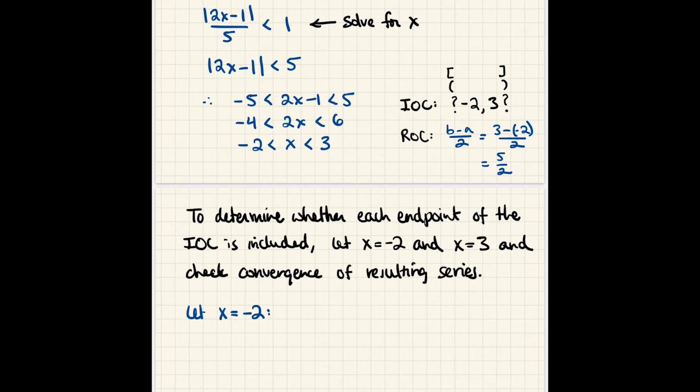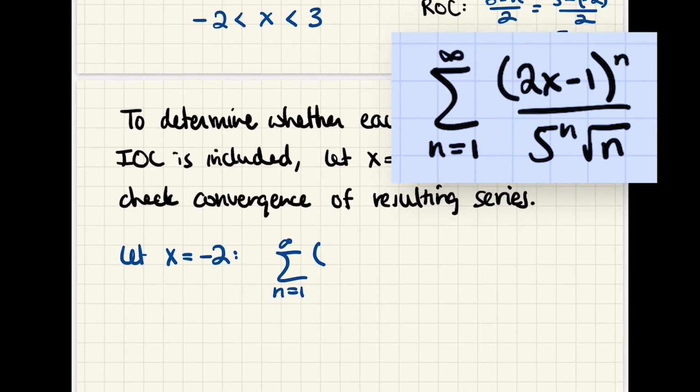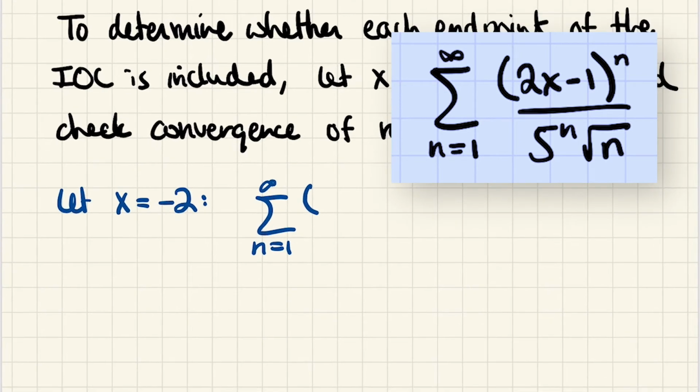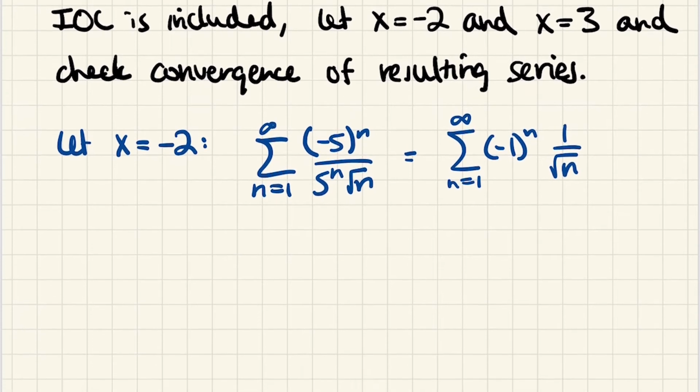So let's let x be -2. And that means that the series is going to be 2 times -2, which is negative 4, minus 1 is negative 5, to the n over 5 to the n rad n. So the negative 5 to the n over 5 to the n is negative 1 to the n, times 1 over rad n. So is this a convergent series?